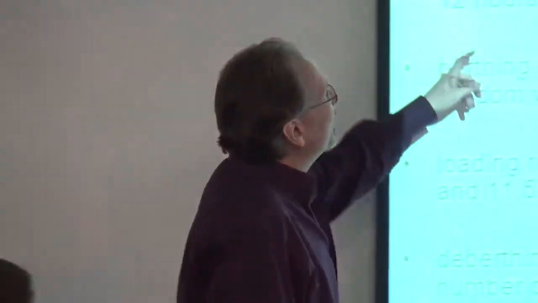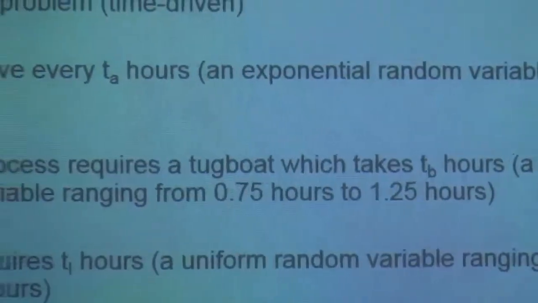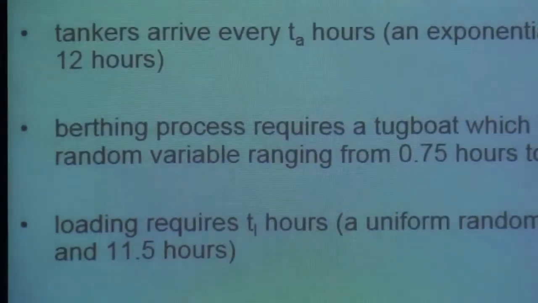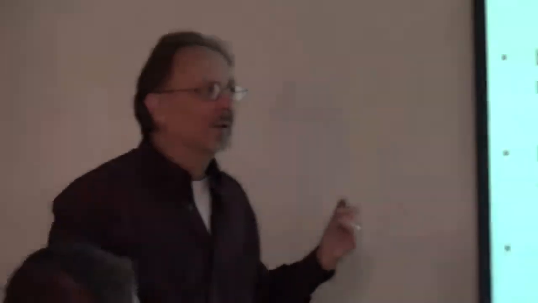So we have tankers arriving in the harbor every T sub A hours, and we can assume that that's an exponential random variable. And let's say that it's 12 hours. You have to make an assumption of 12, or an assumption of a mean, or even better, what you can do is use a mean from empirical data.